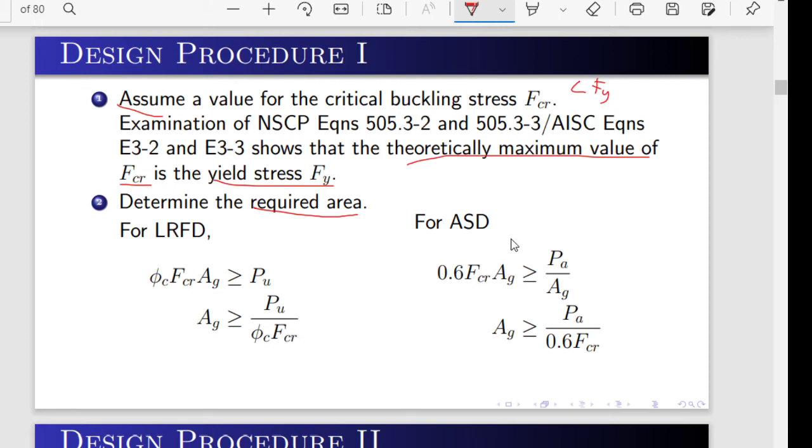For ASD, this is the stress times the area, so it is a force. The critical buckling load should be greater than or equal to the applied load.